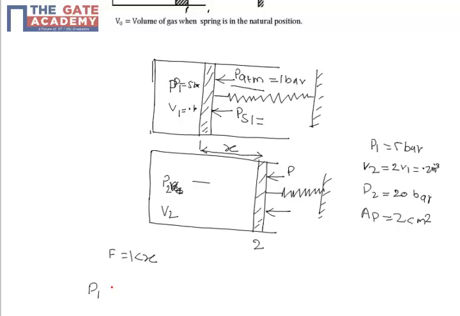P1 A, which is the force exerted on the piston on this side, is equal to P atm into A plus P S1. So P S1 can be written as K X1. Suppose this is X1 and this total is X2.